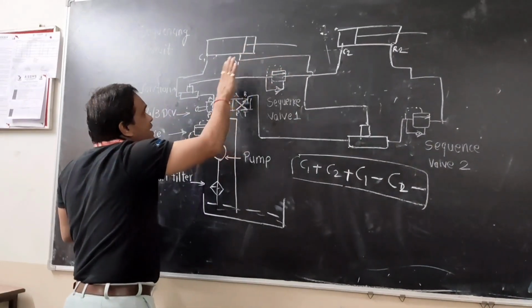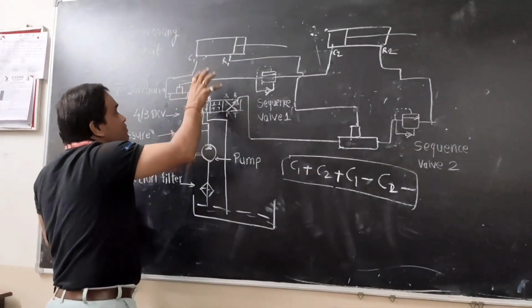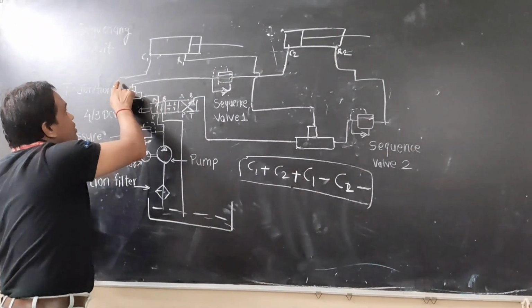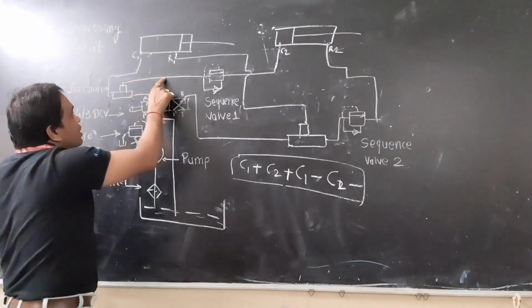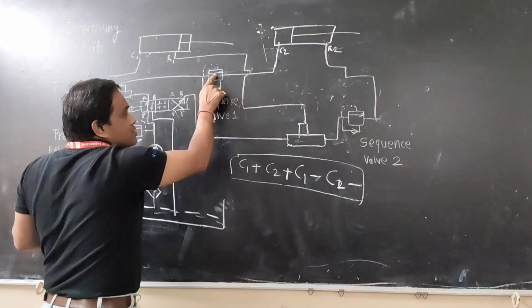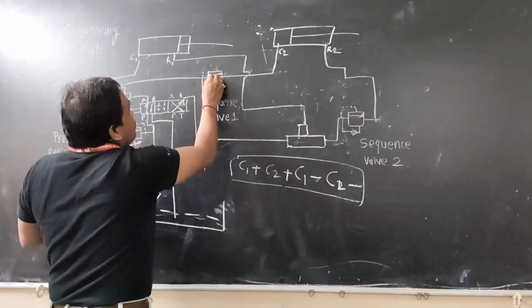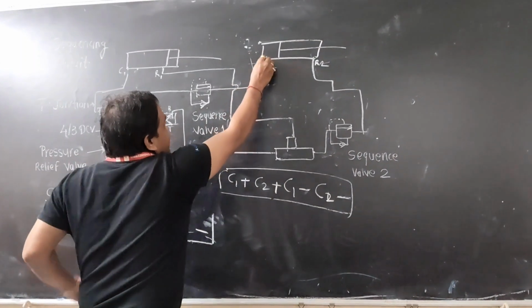After extending the cylinder, what will happen? The system will keep building pressure, and because of this, there is a huge pressure over here which will open this sequence valve, and the fluid will flow from this end to this end.